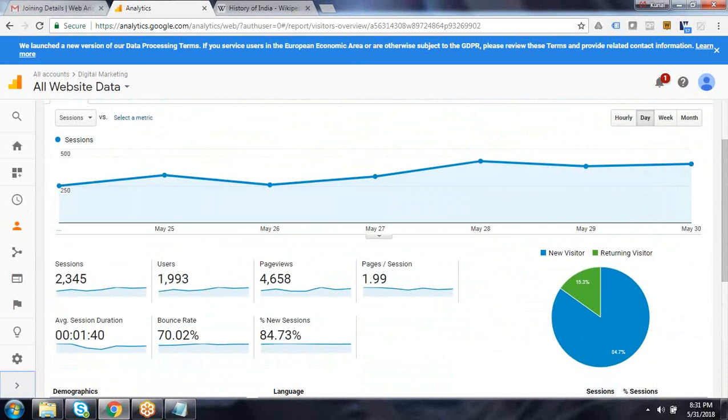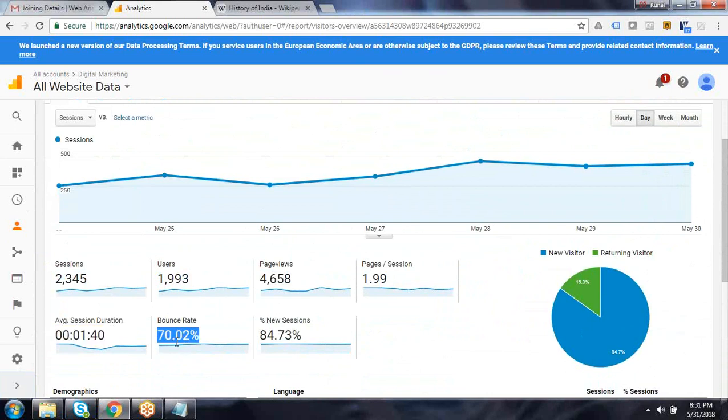So this is how the data actually looks. It tells me that in the last 1 week or so, I've got around 2,300 sessions, around 2,000 users, and around 4,600 odd page views. My pages per session is around 2. My average session duration is 1 minute 40 seconds.